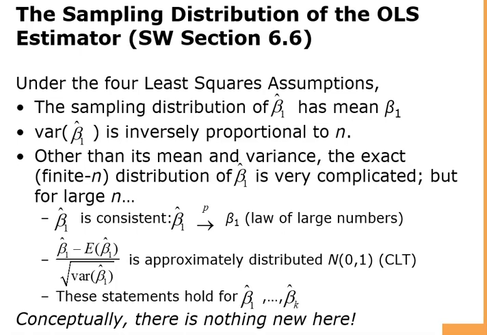So conceptually there is nothing new here. The sampling distribution of beta 1 hat and beta 2 hat and all the other regressor coefficients will pretty much follow the two key properties of law of large numbers and central limit theorem.